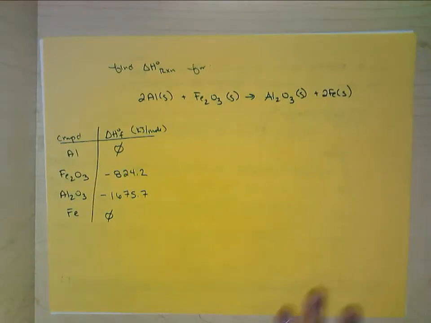Alright, so here's my equation. There's my really fancy table of values that, if they're not provided, they're in Appendix 2 of that yearbook.